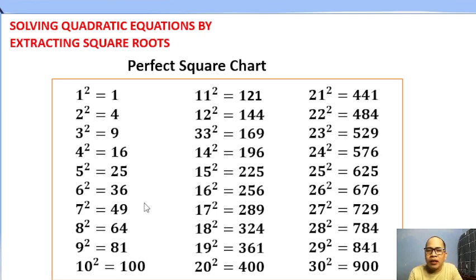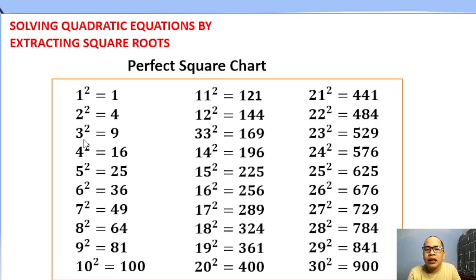In squaring a number, you just multiply the number by itself. Now, the reverse of this is if we're going to get the square root. The square root of 1 is 1, the square root of 4 is 2, the square root of 9 is 3.